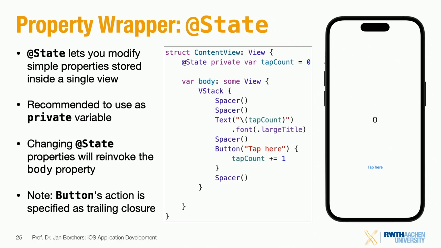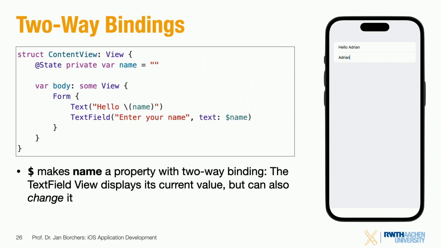Now this is great. So now we know for these simple things how to hold on to something that the user does in the user interface component, and that action can actually feed back into code. But we may actually need to go both ways. And for that, we have two-way bindings. So here's an example.